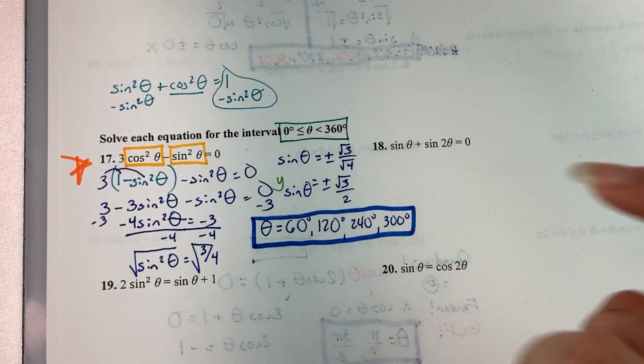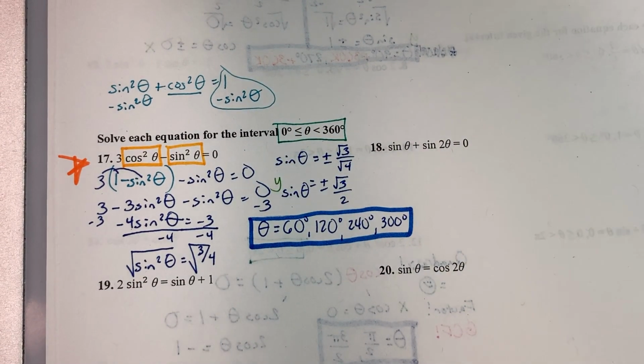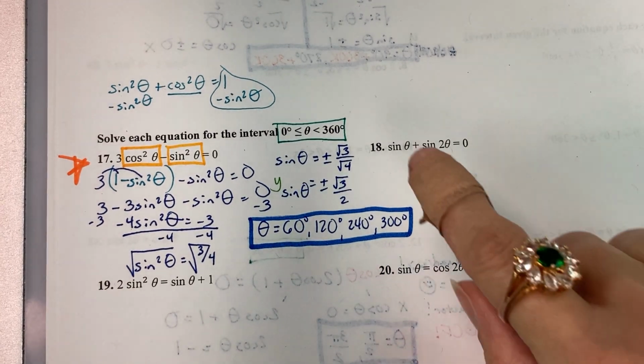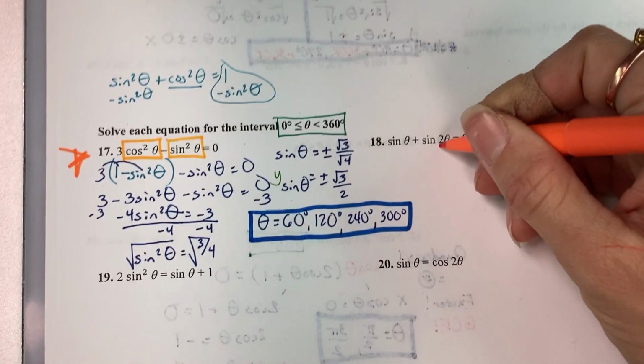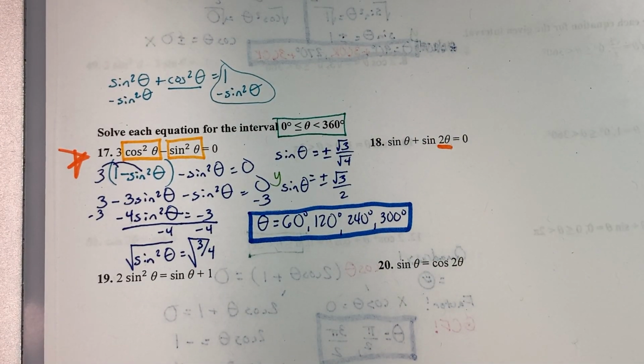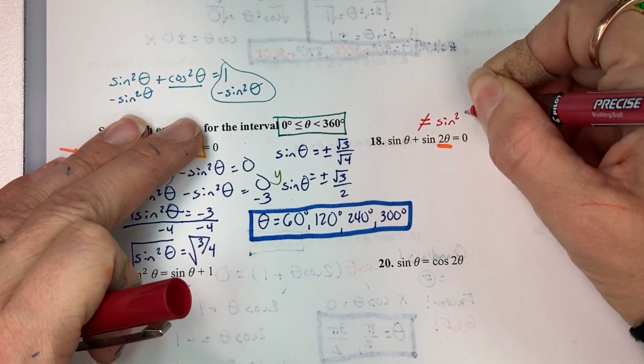On this one, a lot of times students see the sine theta and the sine of 2 theta, and they think, oh, I'm going to factor out a sine theta from both of those. Now folks, I can't factor out a sine theta from this because it's a double angle. So I want you to put a note that this is not the same as sine squared of theta.